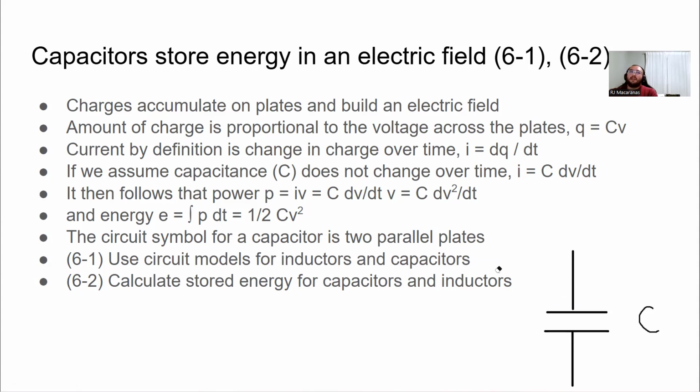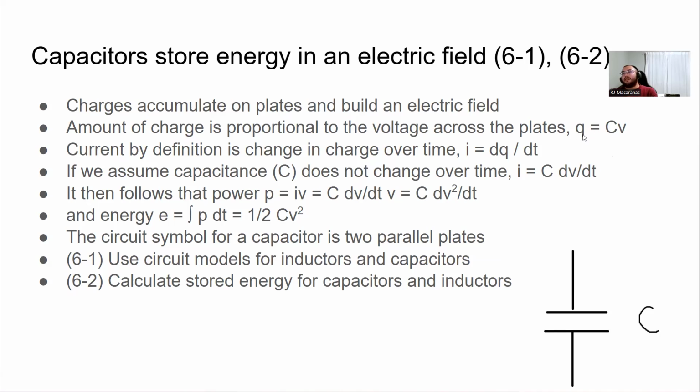And so as the charges build up, they're going to take on whatever voltage is being applied across the capacitor, to a certain point where the current just stops flowing. And so they've defined that the amount of charge is proportional to the voltage across the plates.